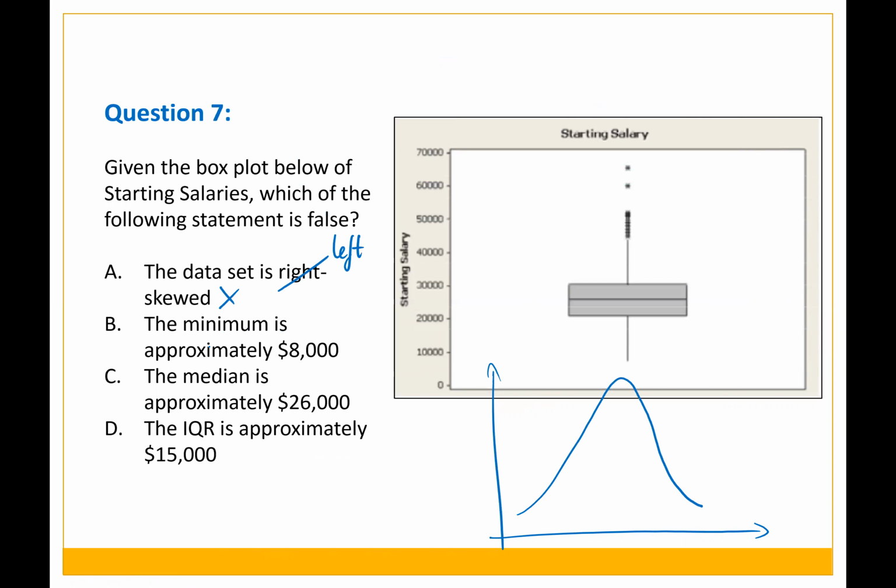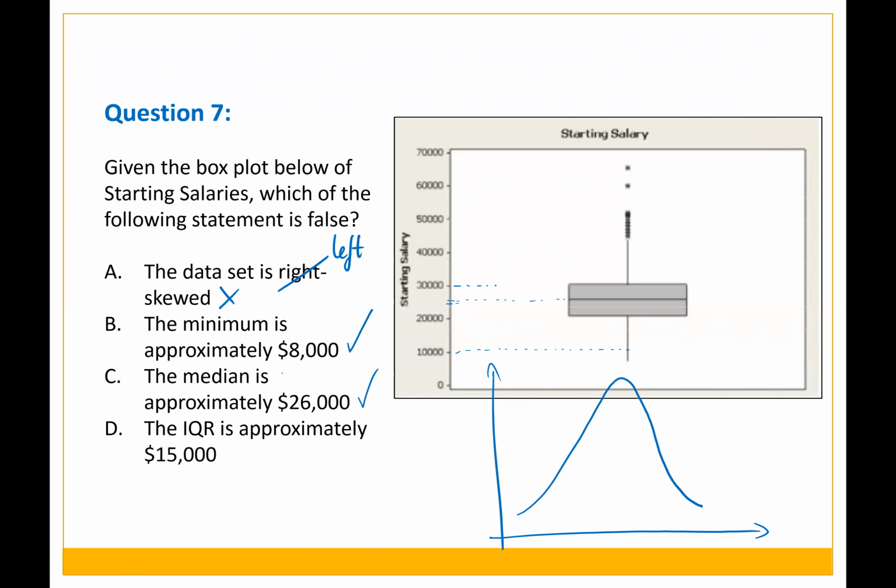Then B, the minimum is approximately 8,000. Yes, likely smaller than 10,000, so this is correct. The median is approximately 26,000. If you draw it out, it's slightly above 25,000, so this is correct. The IQR is approximately 15,000. Now you have to think about what Q3 and Q1 are to find it.